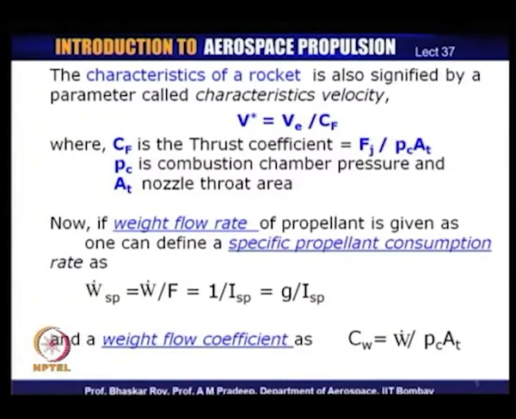So, the specific propellant consumption, or simply what we used to call for jet engines specific fuel consumption, can be written down in terms of weight flow rather than mass flow.